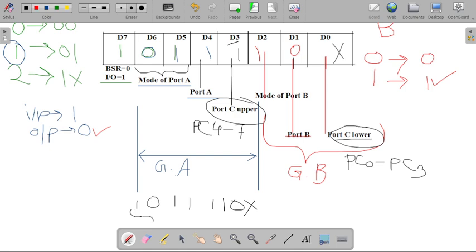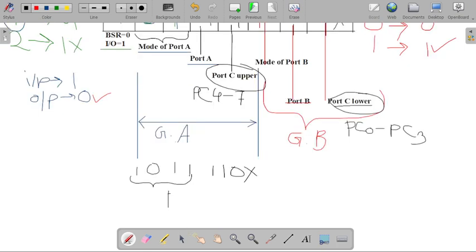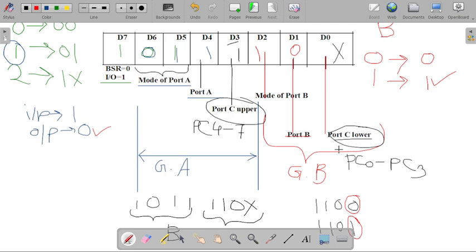This 4-bit group will be considered as 1011, which you can write in hexadecimal as B. And the lower nibble will be considered as 110X. So it may be considered as 1100 or it may be 1101. This last bit is not defined, so it can be 0 or it can be 1, because we have declared here the don't care condition.